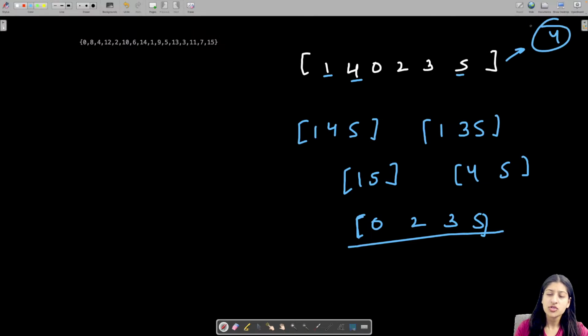Okay, so how are you going to solve this? Are you going to find the subsequences for the entire array and then calculate which one is the longest? This is one way. But if you go and find the number of subsequences, how much time will it take?